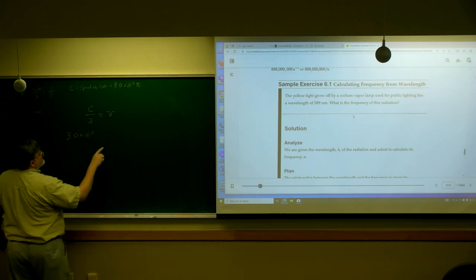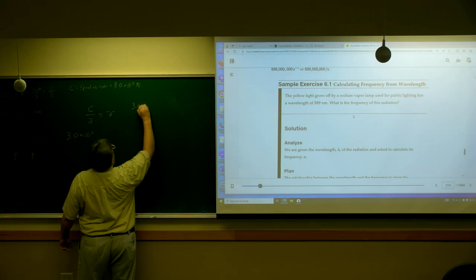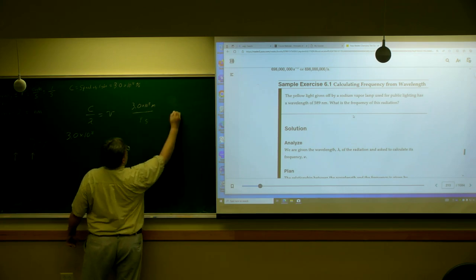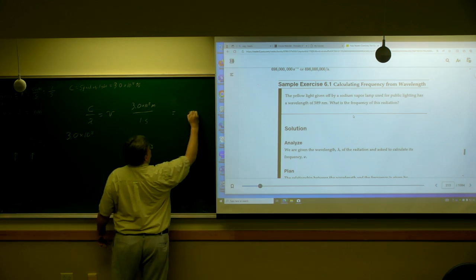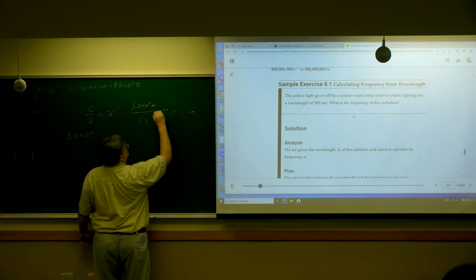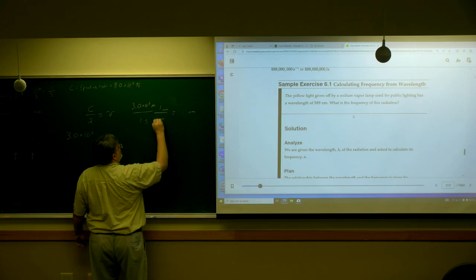Actually, these are the easiest thing to do here, since we have to be in nanometers, is a separate calculation: 10 to the 8 meters in 1 second. But I need to convert that to nanometers. So I'm going to go meters, nanometers. Is that 10 to the 8?